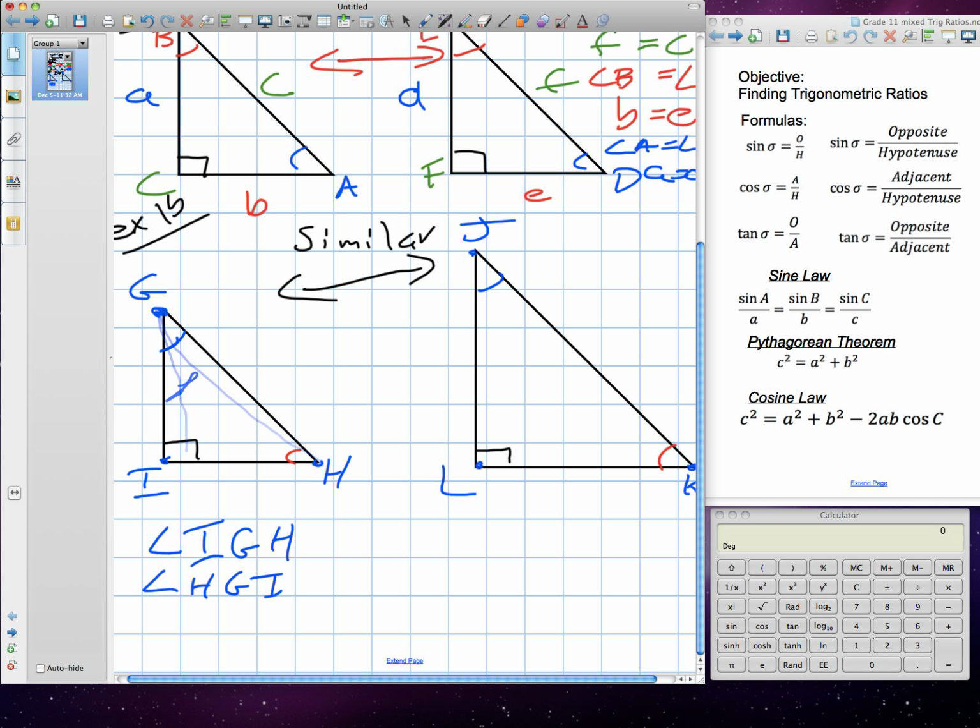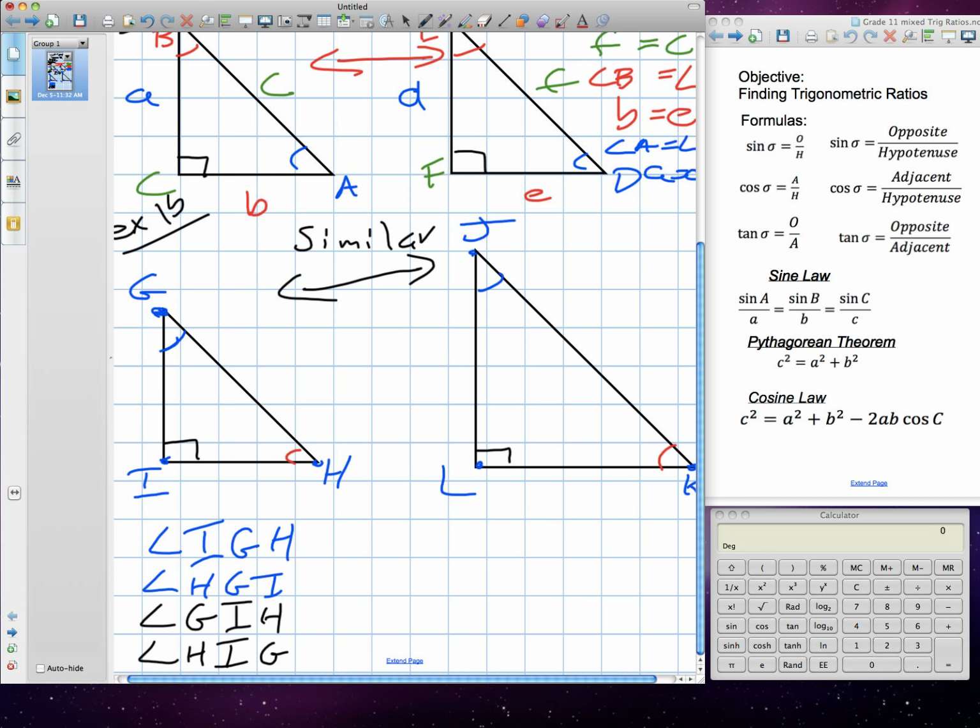Their angle I, they would call it angle GIH, or angle HIG. Okay? Again, the I falls in there. That's our 90-degree angle.